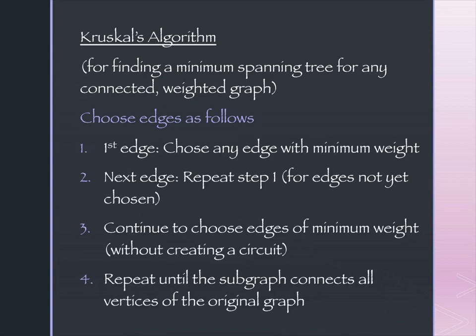So notice when we were doing the brute force algorithm and the nearest neighbor algorithm, we had to go in order. Once we picked an edge, we had to connect it to another edge we already had. Do you remember that? That's not happening here. We're not worrying about connecting them as we go. We just have to make sure that when we're done, it's all connected and doesn't have any circuits in it.